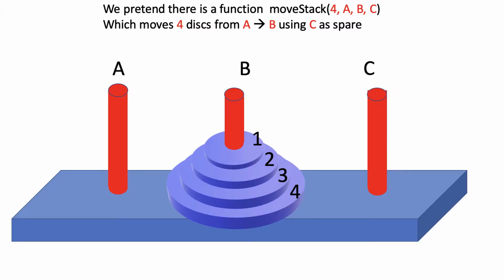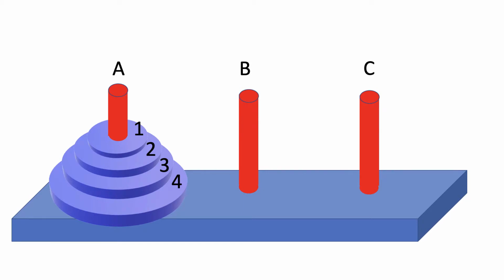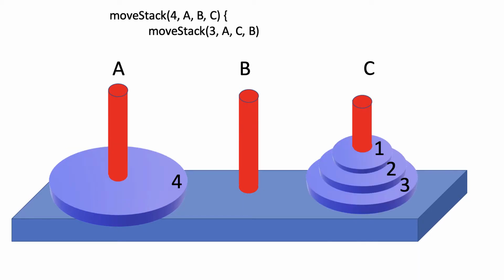So here I'm saying move stack, and there's 4 discs, and we want to move them from A to B using C as a spare. So let's pretend this function exists. Let's start it, and this time though, let's just move 3 of the discs. So we move 3 of the discs from A to C using B as a spare.